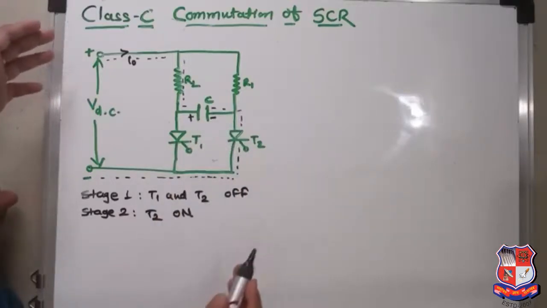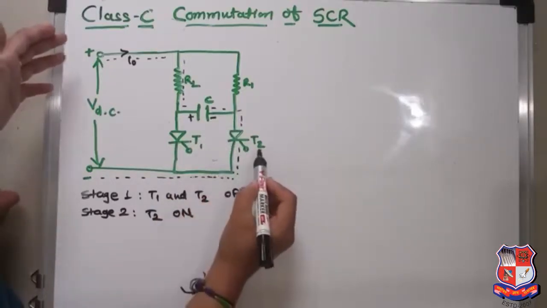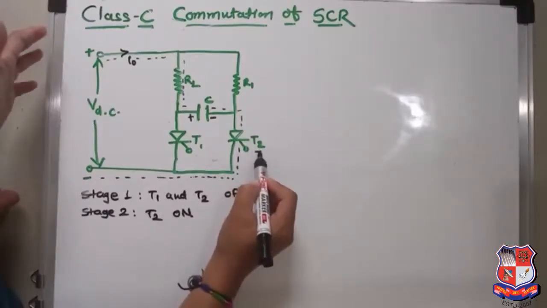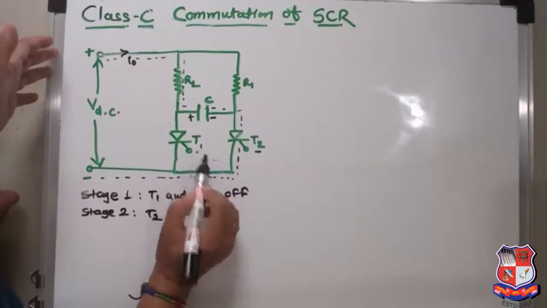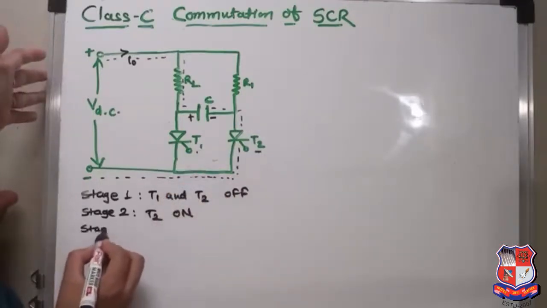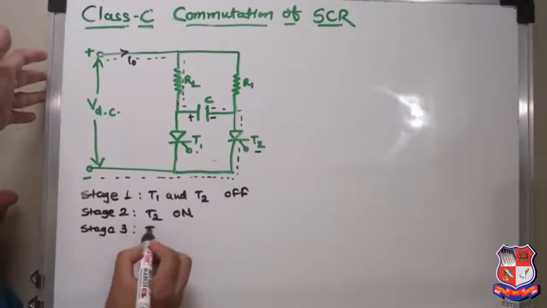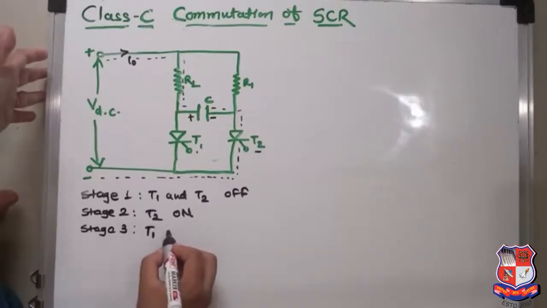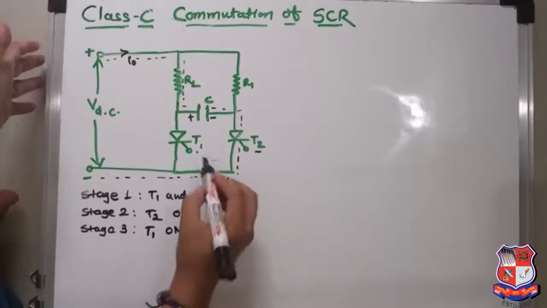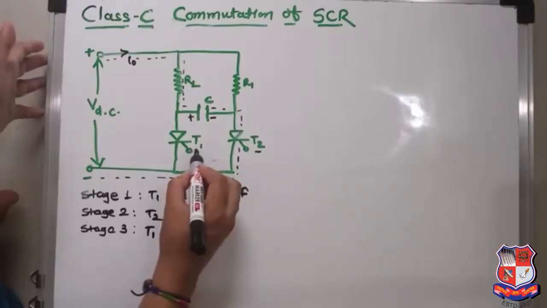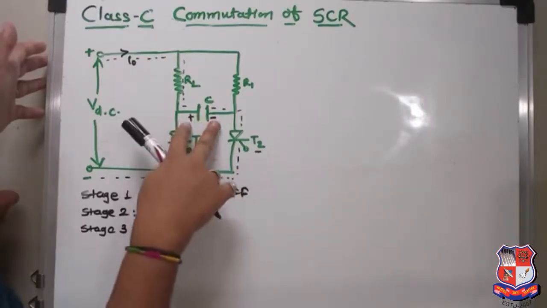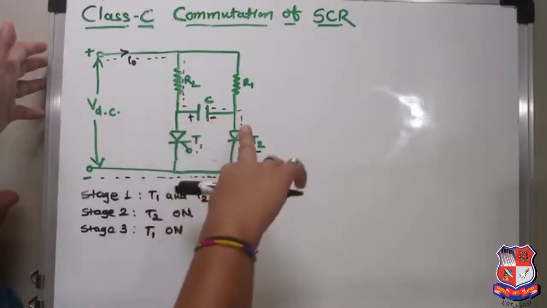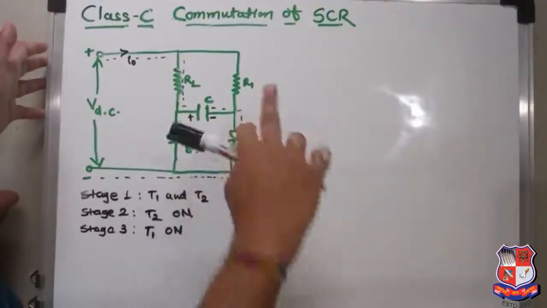Now suppose you want to turn off the thyristor T2. At that time T1 is turned on by applying a gate pulse. In stage number 3, T1 is also turned on. T1 starts to conduct, and at that time the capacitor voltage is applied as a reverse voltage across the thyristor T2.